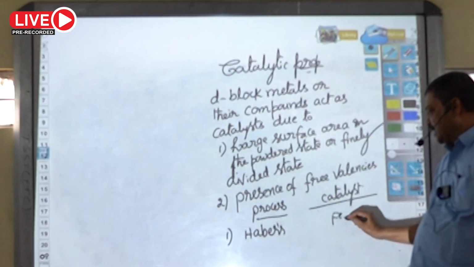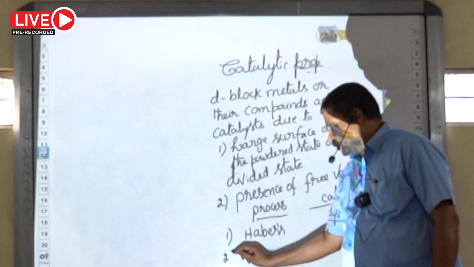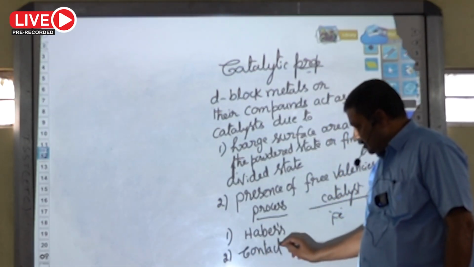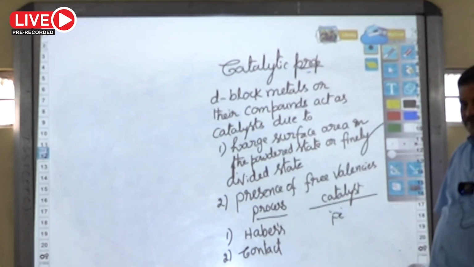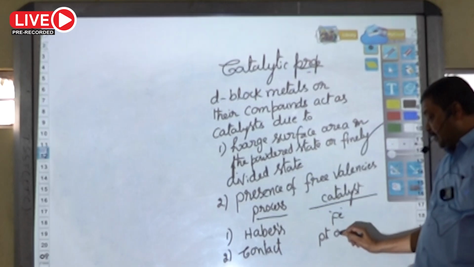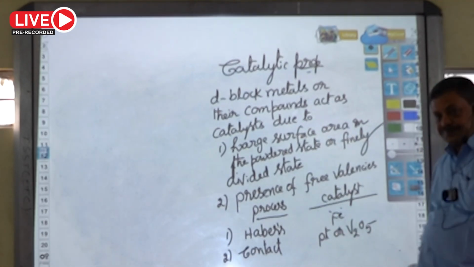Here iron is the catalyst. Number two, contact process. Here you can use platinum or vanadium pentoxide.